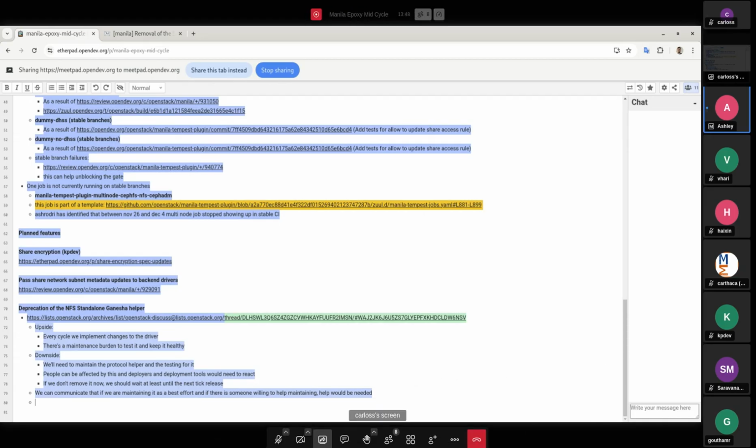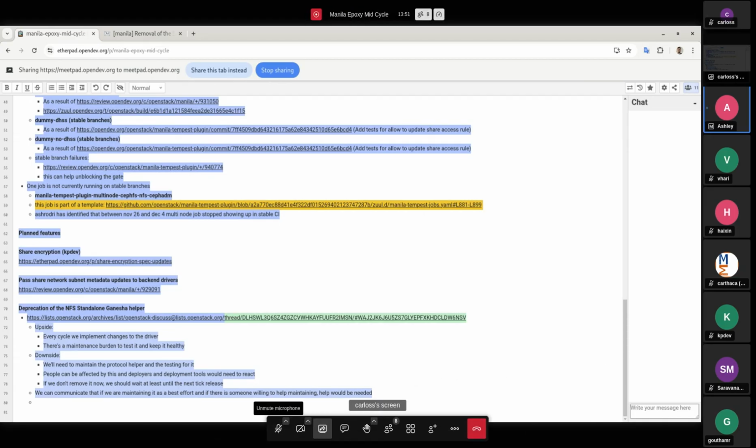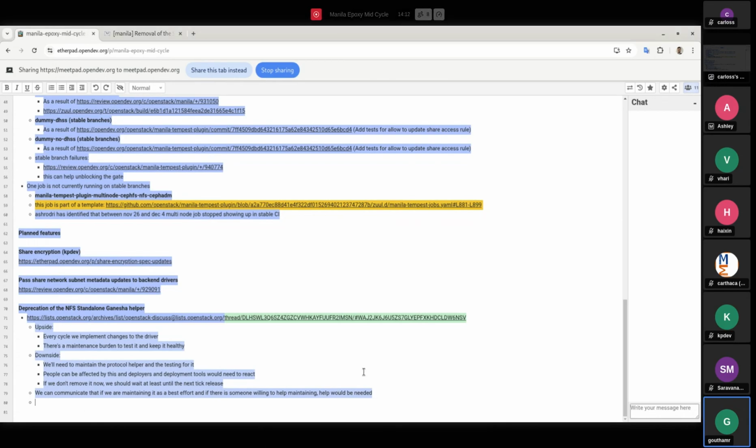Okay, I can draft another mailing list email communicating that. And would we be aiming for the G release then, instead of E? Yeah, anything that falls out of this release in terms of removals will have to be in G. Okay.